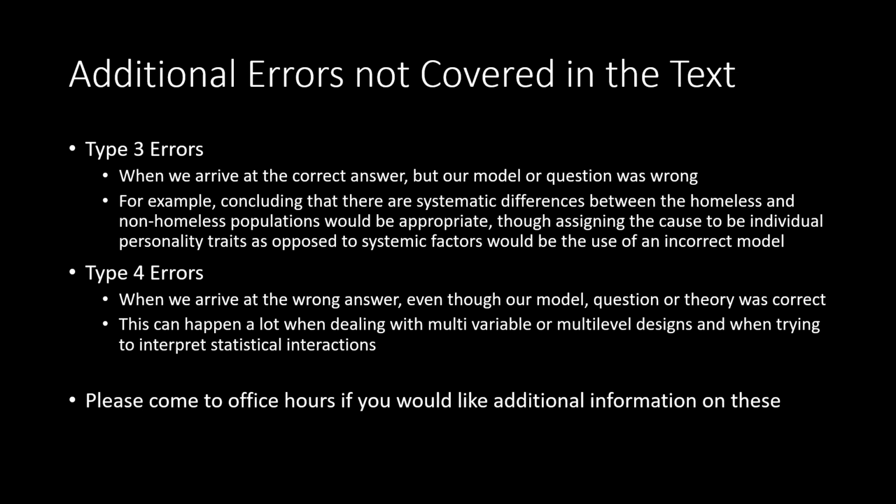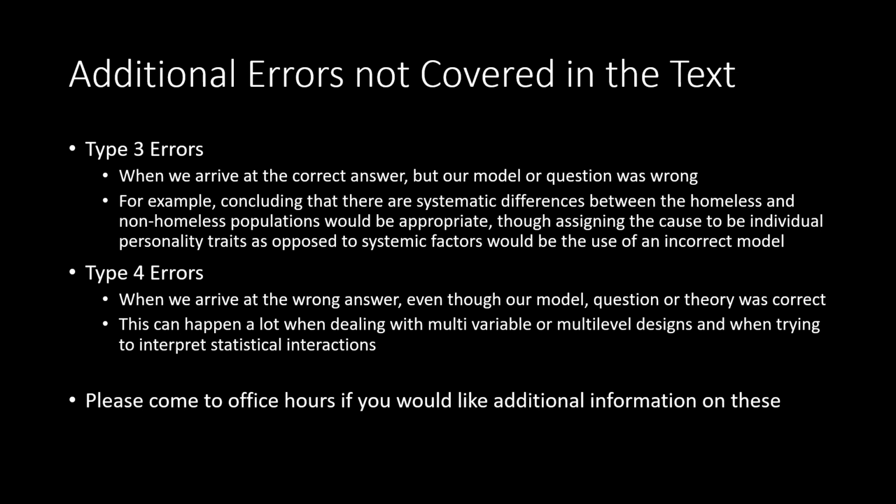This would be appropriate because in fact there are systematic differences that exist between these two populations. But now if you conclude that this is because of individual personality traits that are different between homeless and non-homeless people, like for example you say that non-homeless people are more conscientious than homeless ones, there is a fundamental difference in these populations, but it is not for this reason.